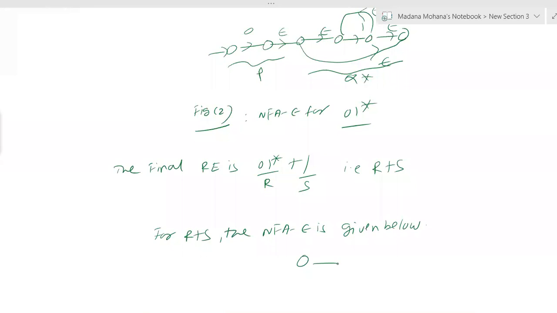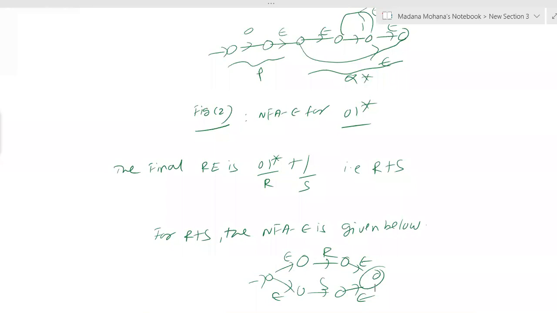So here you can take R, parallel paths. Here you can take S. Then take one initial state, one final state, connect with transition with epsilon moves. So this is R plus S.